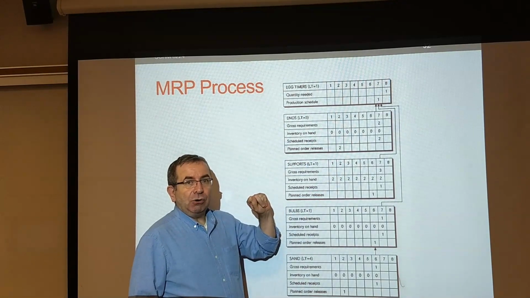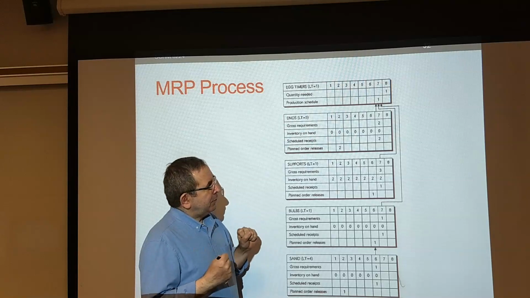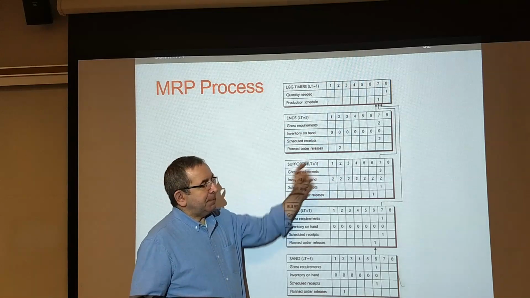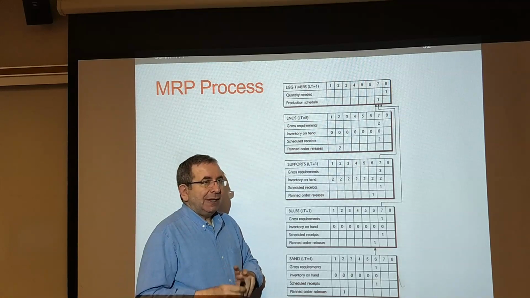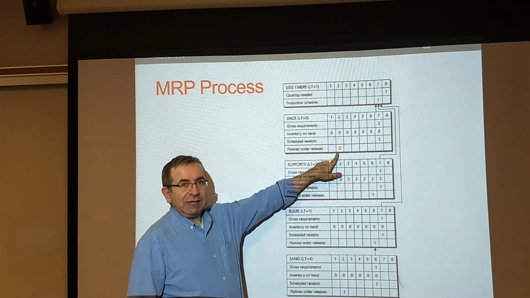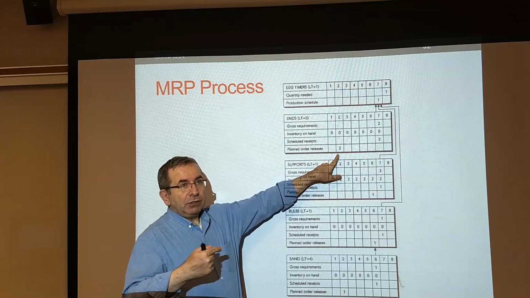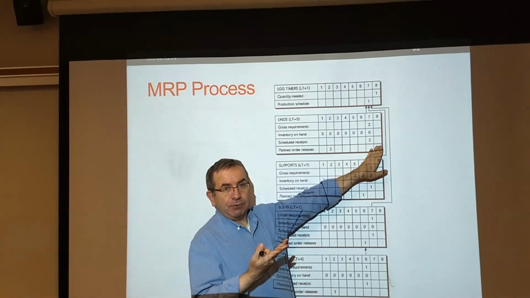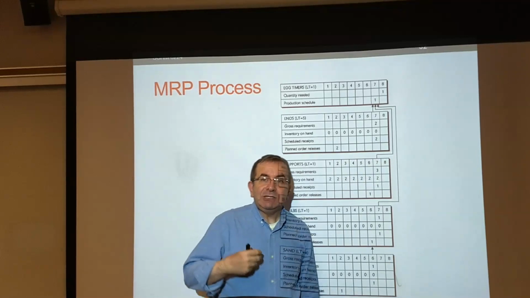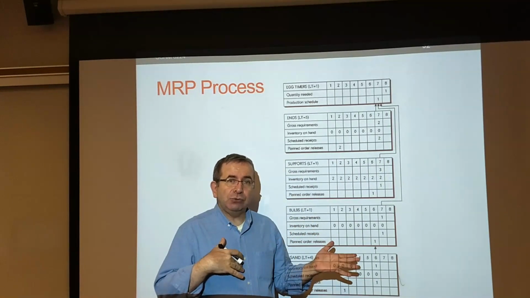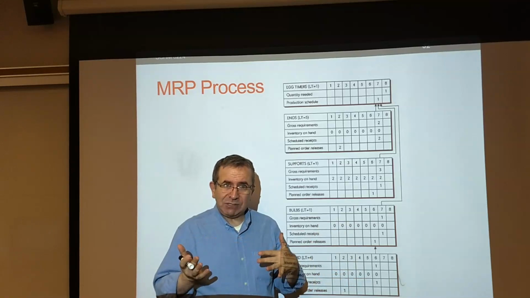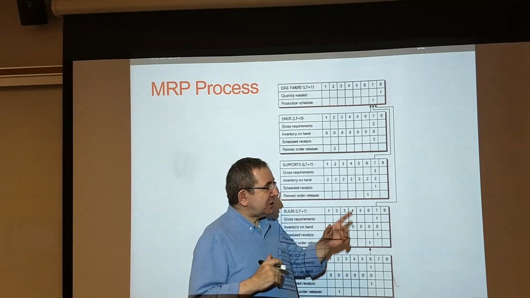Okay? So, if you don't need 3, MRP tells you don't take the quantity discount, get only as much as you need, even though you pay a high price for it.